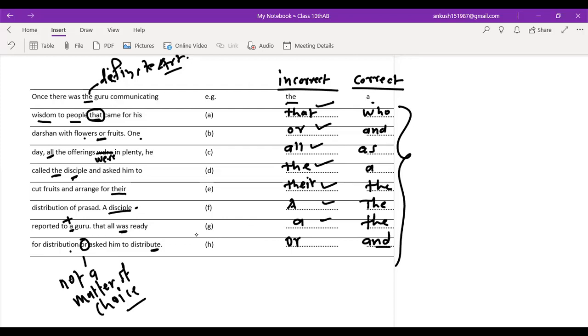And the combining words are also used over here. So upon all these, the error and correction portion can be asked to you. Have you got it? Yes, sir.